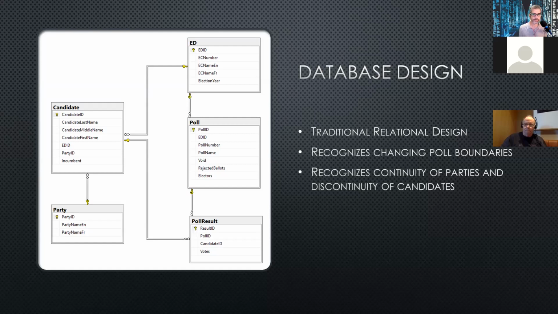But generally speaking, especially when you're talking about the 3 or 4 major parties in Canada, they're pretty consistent. So this design recognizes that parties are consistent. We do not have a separate entry for every party in every election year. The party is either represented in an electoral district or they're not, but those parties are consistent. So that's our database design.